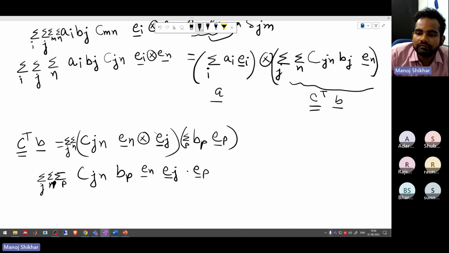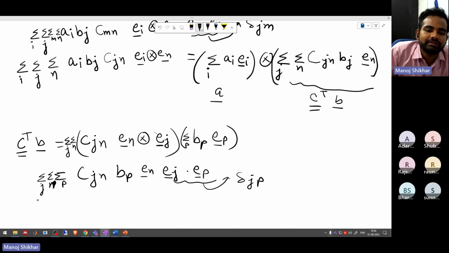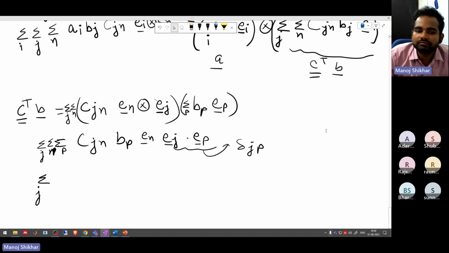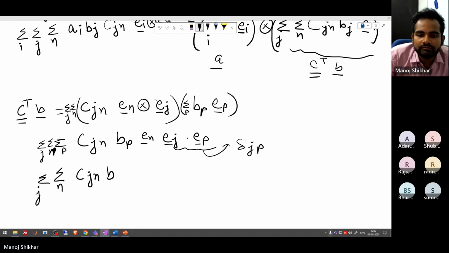What we can do here is replace this by delta JP. This means we can either replace P by J or J by P. So this will be the summation of, I'm keeping J because here we have it in the form of J, so I will replace P, CJN, BJ, EN.